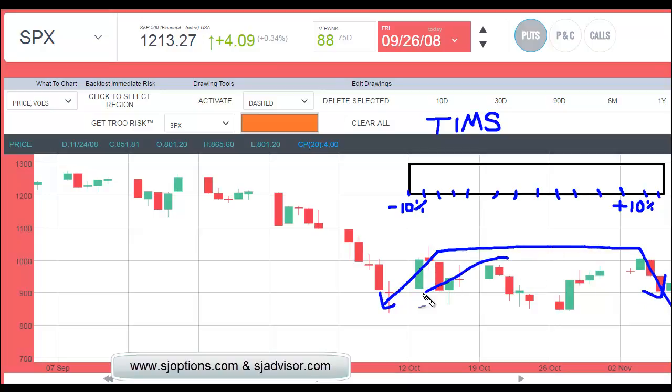Same type of thing. Depending on how you have the delta set up, if you're flat on your delta, oftentimes the risk will be over here, and that'll be your margin plus $37.50 per contract.